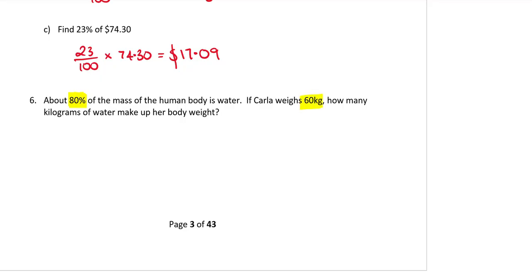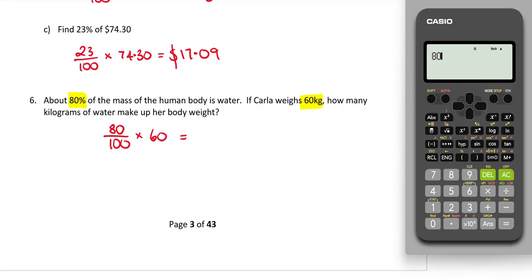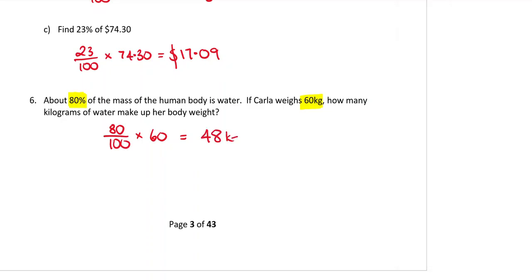So let's do the same kind of working out as what we were doing in question 5. 80% means 80 over 100. Then I want to times that by the 60. Type it in, 80 over 100 times that by the 60 means 48 kilograms of her body weight is water.